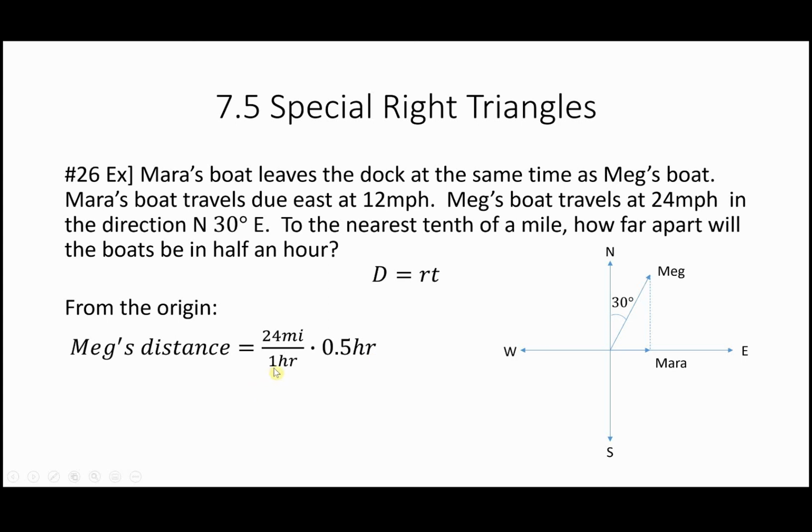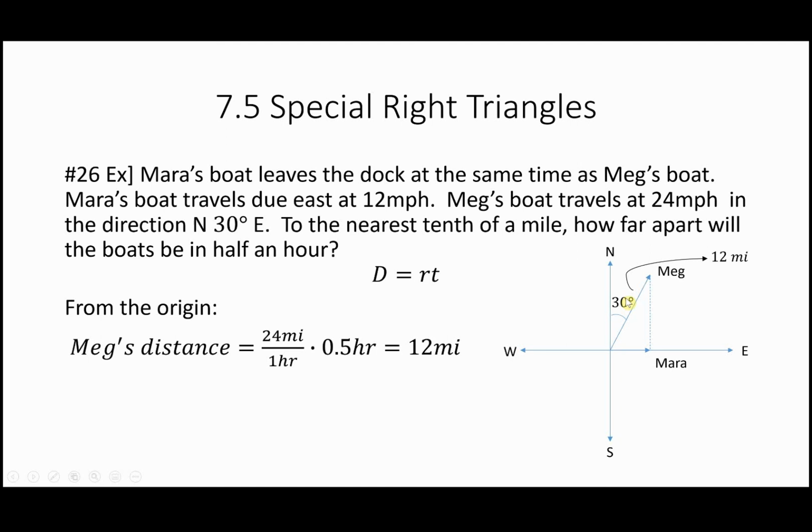When you are dealing with rates, the time values should cancel out and you'll just be left with the distance, which is why distance equals rate times time works out as far as the units are concerned. Just think of these hours as being slashed away here, and you'll be left with how many miles? Well, what's 24 times 0.5? That'll be 12 miles. So that means that Meg has traveled 12 miles.